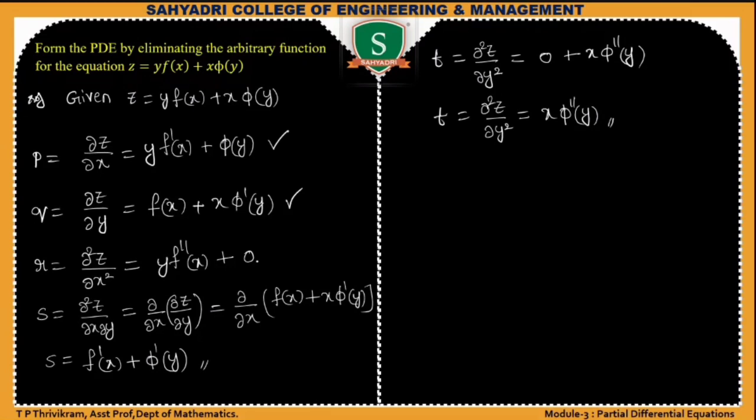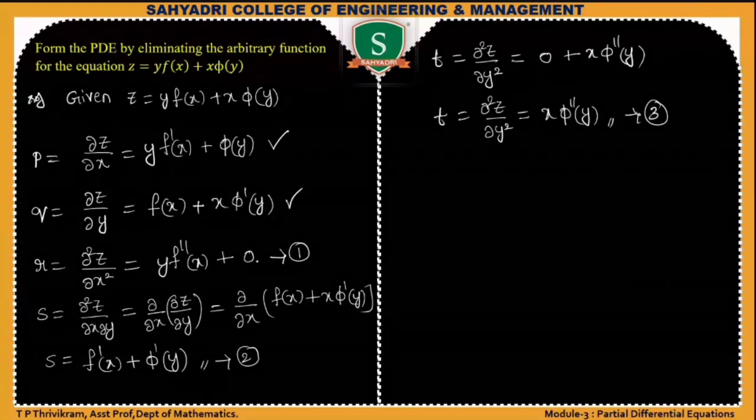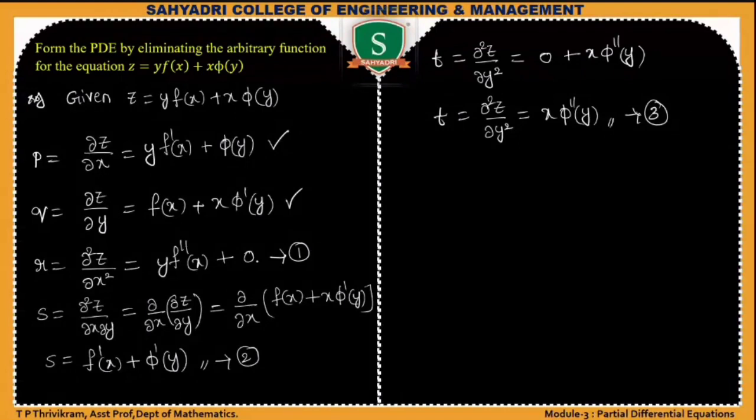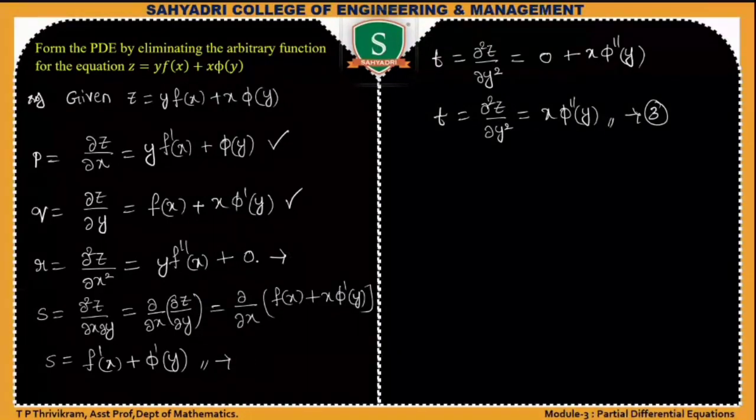Now observe all the equations. I need only the second order derivatives. I'll write this as equation 1, this equation as equation 2, and this equation as equation 3. Now what can you do? You can eliminate f and φ. Or you can take the numbering of equations from the start onwards.